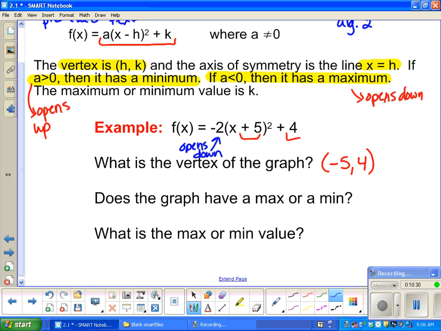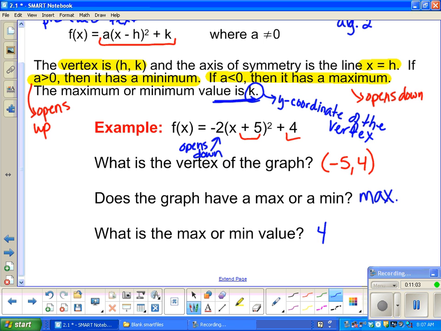We know that it opens down, so it's going to have a maximum. Now, what is its maximum value? The maximum value is k. Maximum value is 4. The other way to look at that, for your maximum or minimum value, also consider the y-coordinate of the vertex.